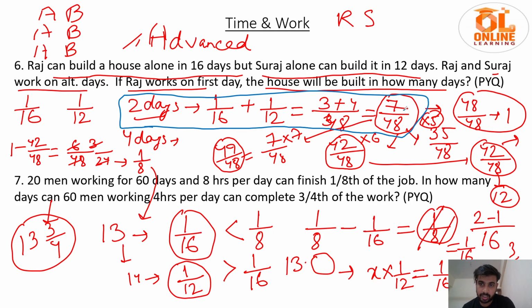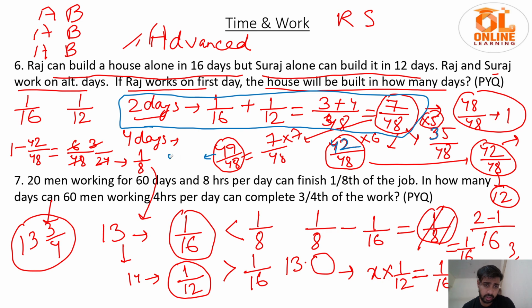So I have tried multiplying them by 5, then 35 by 48, that is less than the complete work. Then I multiplied it with 6, that will be 42 by 48, that is also less than 1 day's work. Then when I multiplied with 7, that is 49 by 48.